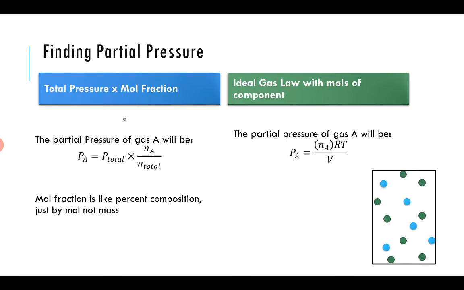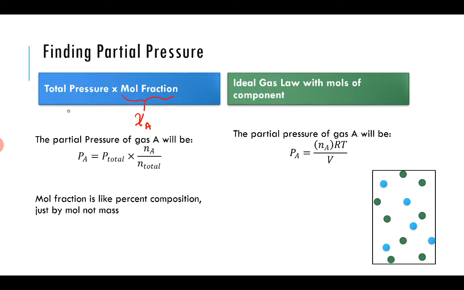So we have some different ways of solving these partial pressure problems. One way of solving these partial pressure problems is to find the mole fraction. And so the mole fraction is often given a symbol of kind of a cursive slanted X. And then you would label it with what substance you are looking at the mole fraction of.